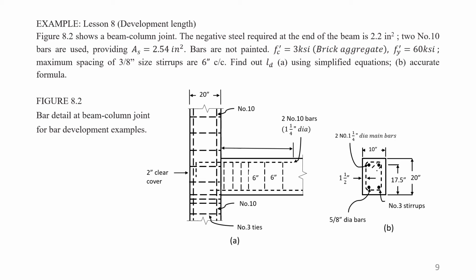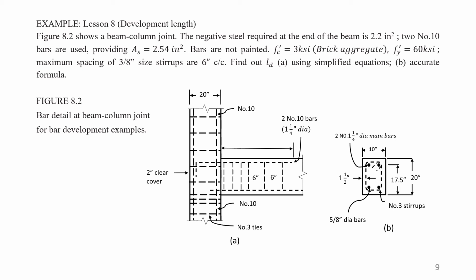Now start again. Here the beam is 10 by 20 inch, and there are 2 top main bars at the end of the beam, which is supported by this column, and these are 2 number 10 bars.